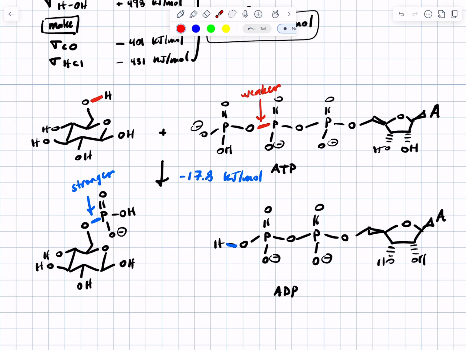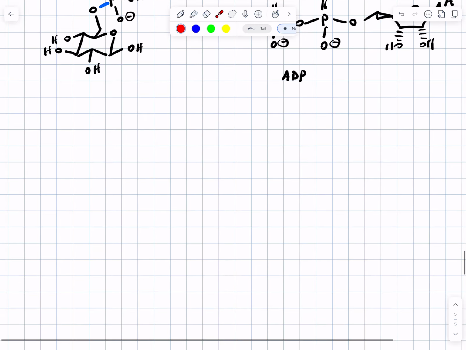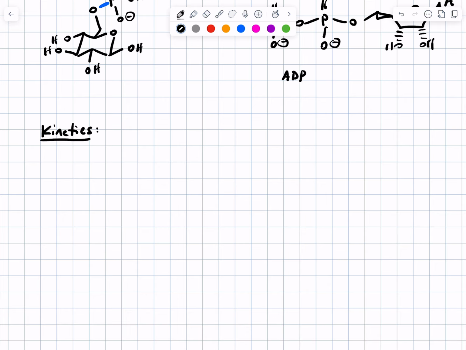Okay, that's thermodynamics. We need to now talk about kinetics, which is how do reactions happen? And kinetics is really important because if we understand how reactions happen, we can design new and better reactions, or we can take advantage of existing reactions to do new things. So, how do reactions happen?